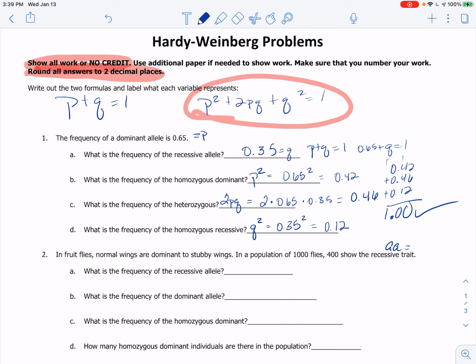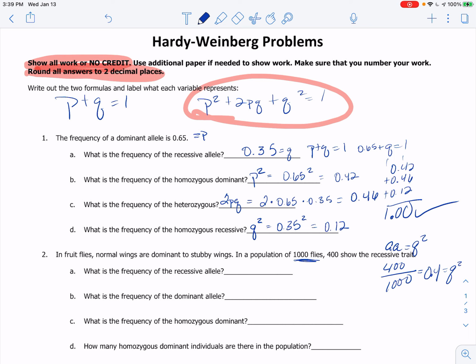So the first step is to take that 400 divided by 1,000, which is our total population. And that's going to give us 0.4. And so if little a is that recessive trait, that's going to be Q squared. So 0.4 is Q squared.